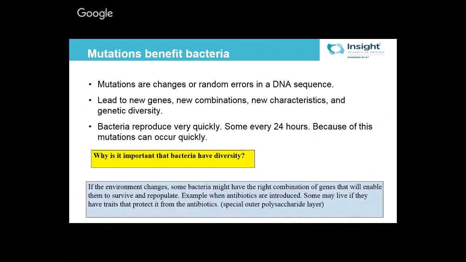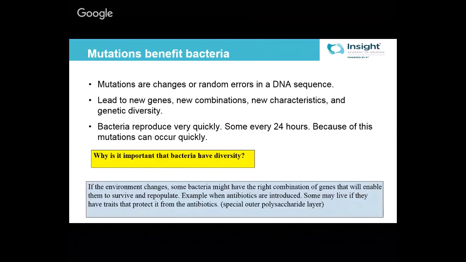An example of this is when antibiotics are introduced to the system. If you don't take the antibiotics as prescribed, some of the bacteria may live. So some of the bacteria that has traits that allow it to live might survive. And then it's going to carry on that genetic trait onto its daughter cells.